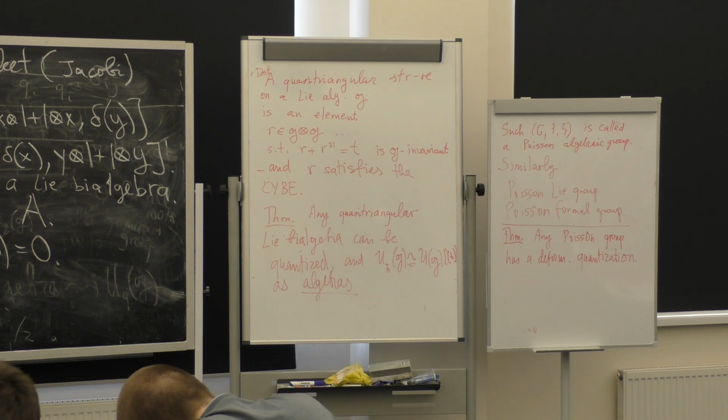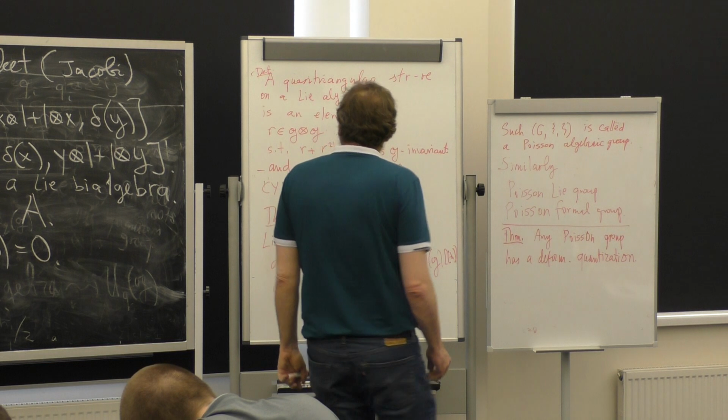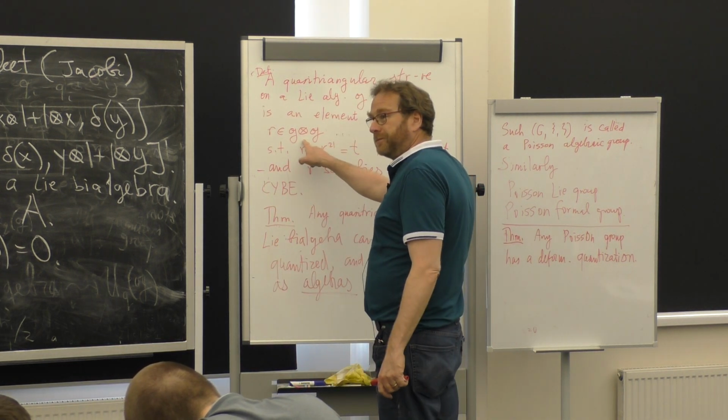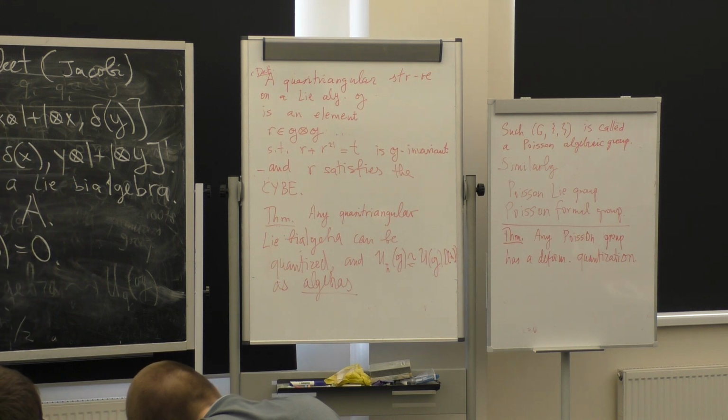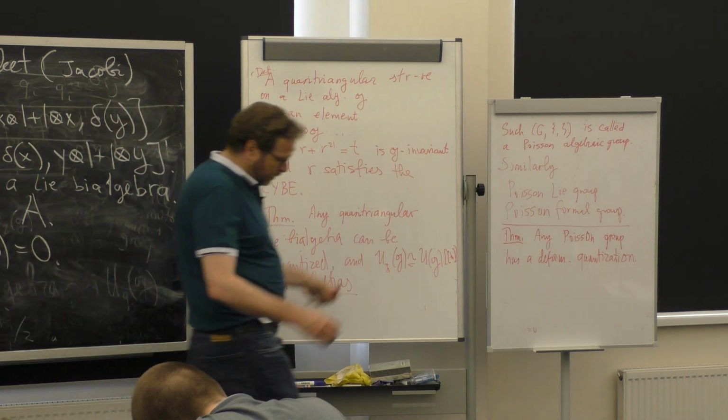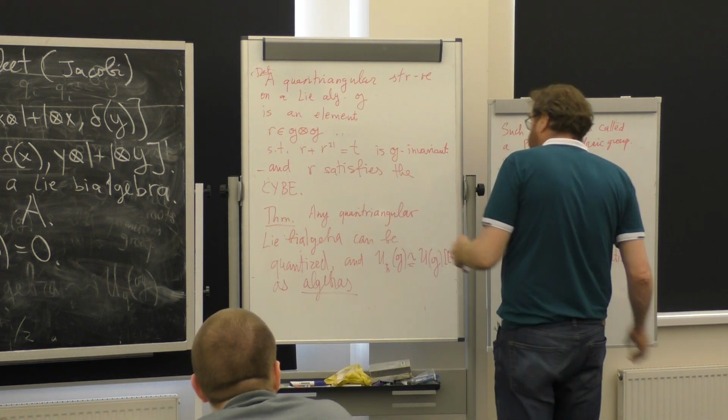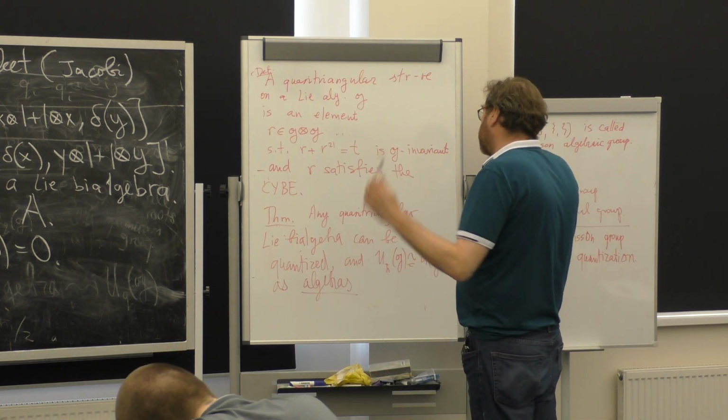For Kac-Moody algebras, it's not really true, because in that case, this r lies in some completion, and this theorem doesn't apply. But nevertheless, you can prove that you obtain some quantization with an R matrix which lies in some completion.